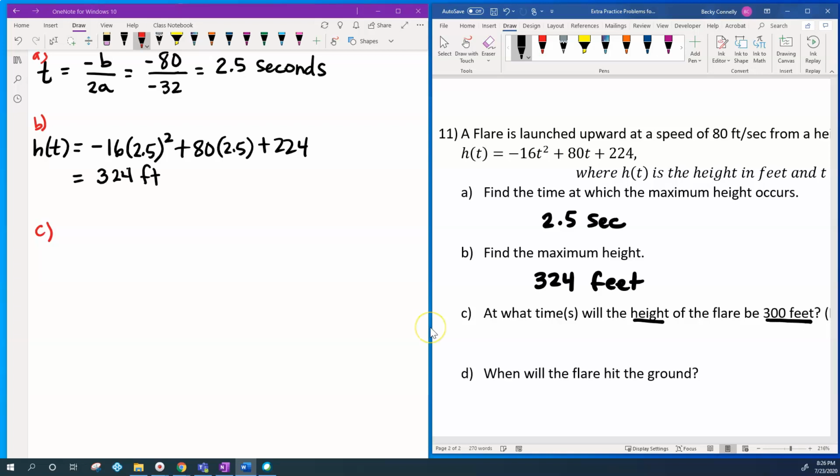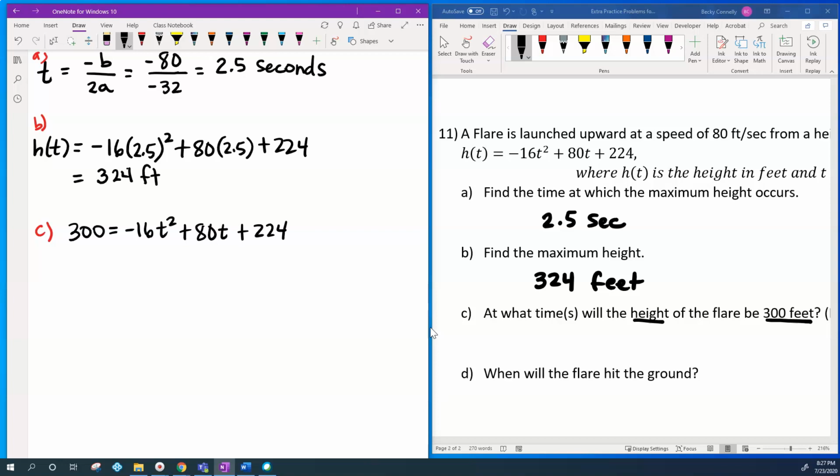So where are we going to put 300? Yeah, put the equation equal to 300. In place of our h of t is where we need to put 300. So just like Austin was saying, we'll do 300 equals negative 16t squared plus 80t plus 224.